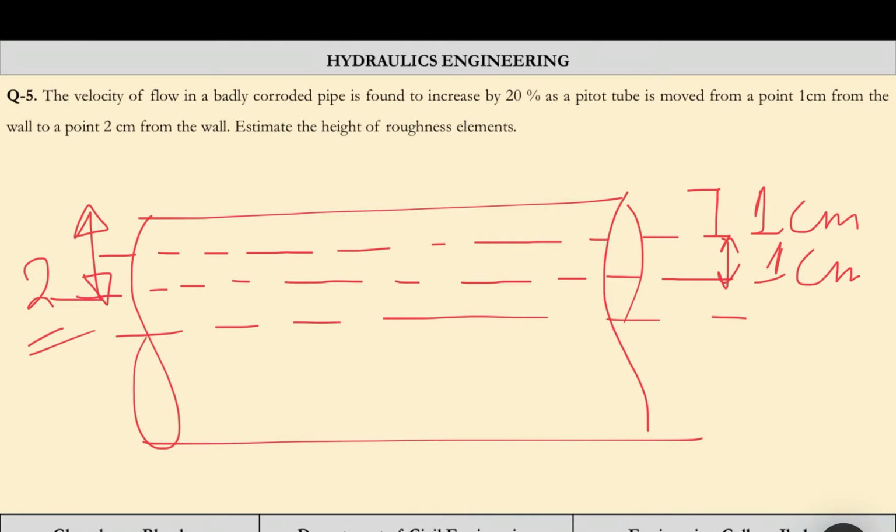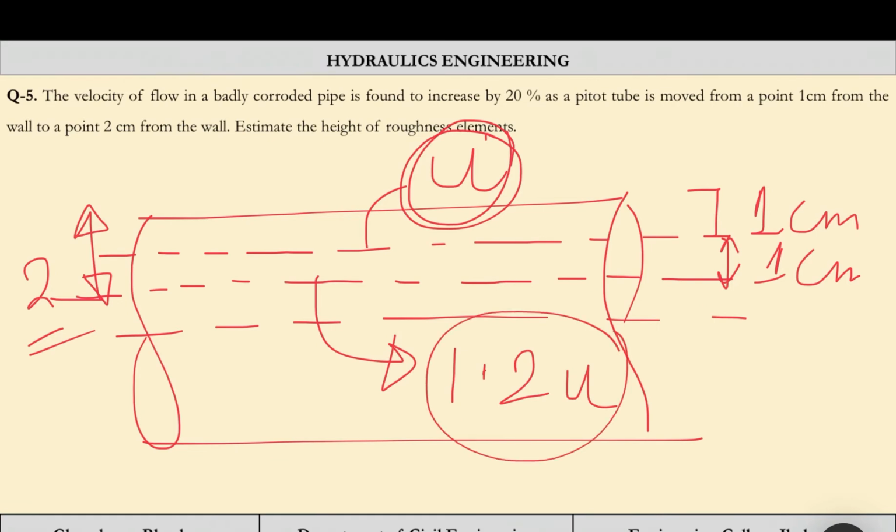So obviously if you are moving away from the boundary, velocity is going to increase. So here we are having some velocity u at distance 1 centimeter, and at 2 centimeter the velocity is going to increase by 20%, okay. So if it is u, here velocity is going to be 1.2 times u, because we have to add 20% of u to u. So u plus 0.2u is 1.2u.